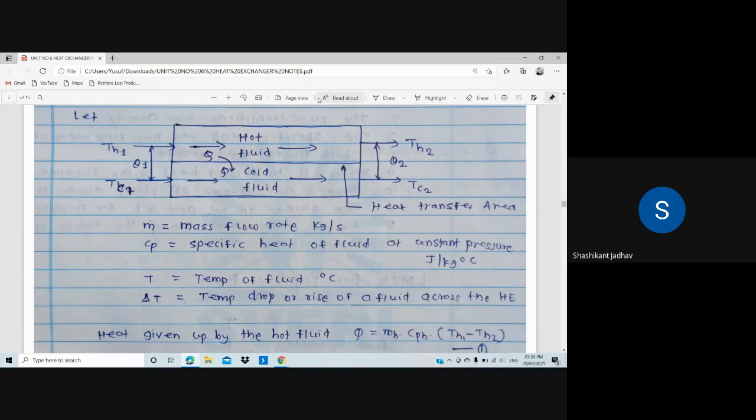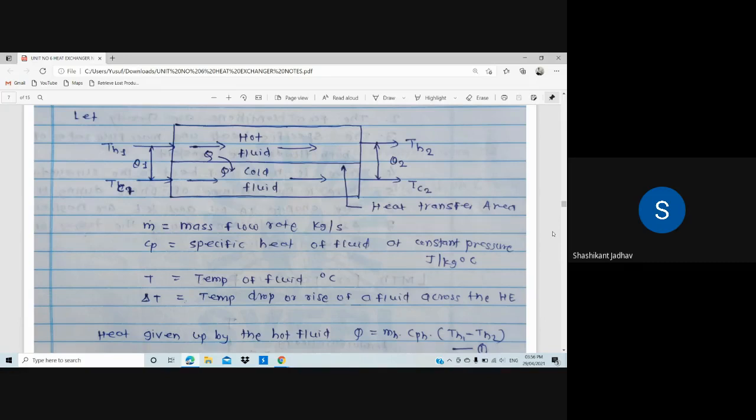So write down: Cp is the specific heat of the fluid at constant pressure, in joules per kg per degree Celsius. And T is the temperature of the fluid, in degrees Celsius.